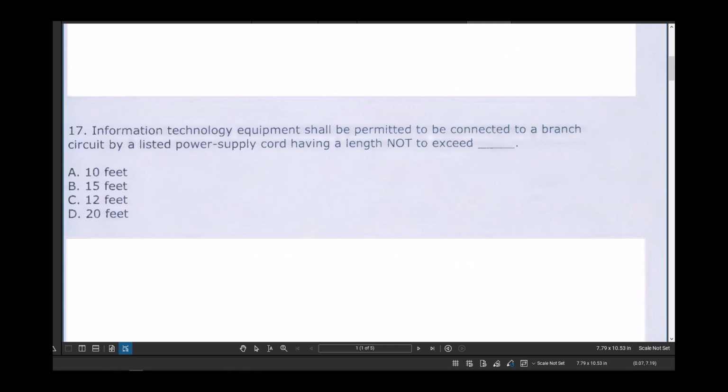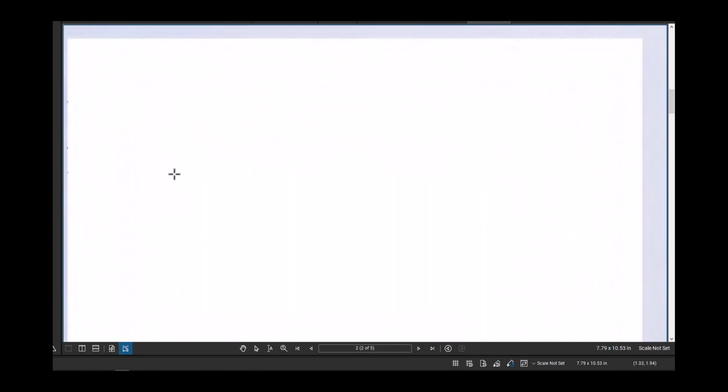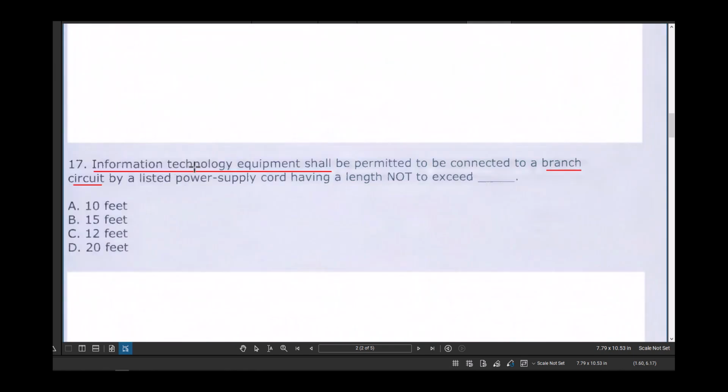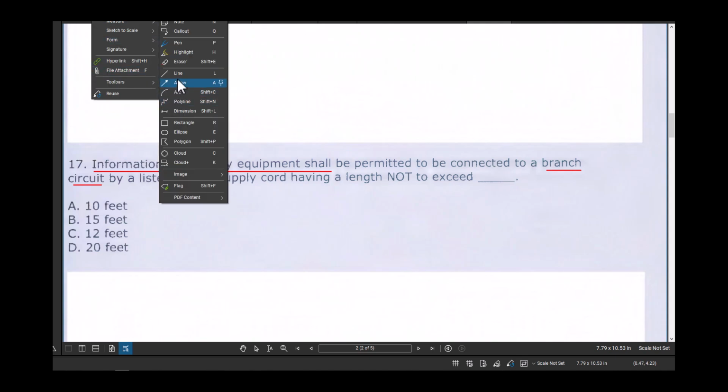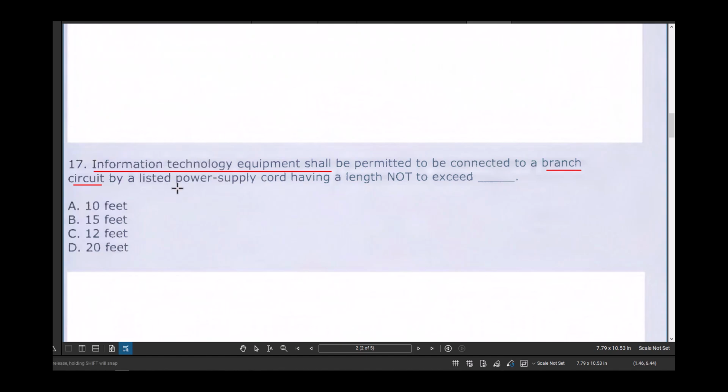Let's see what we have. If we highlight, we have information technology equipment and branch circuit, and also power supply cord is the other option.